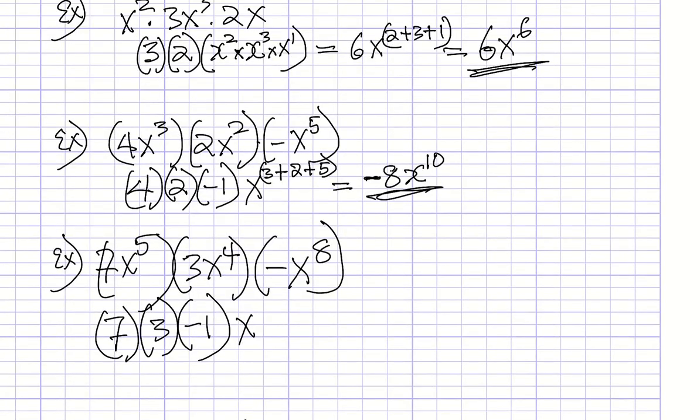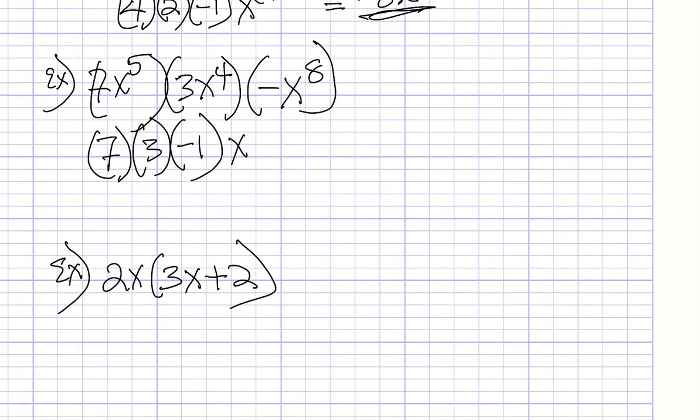Did I put the bracket? Yeah, I did put the bracket on the other one. Then you put the bracket up there as 5 plus 4 plus 8. You see that, right? So when you multiply things with exponents, you add them. That's what they call the, what rule is that?